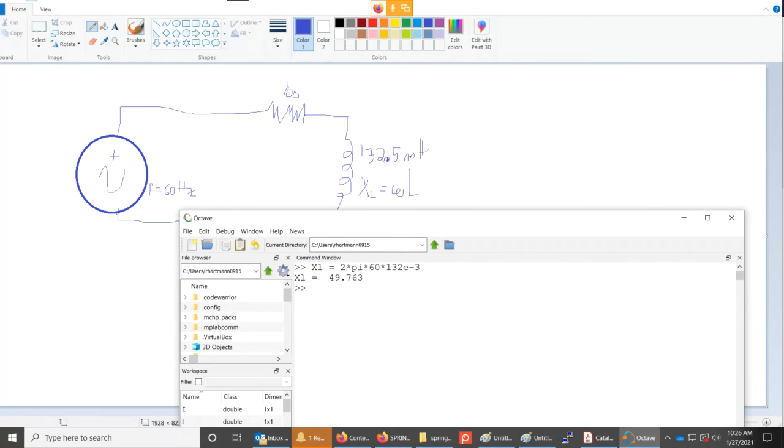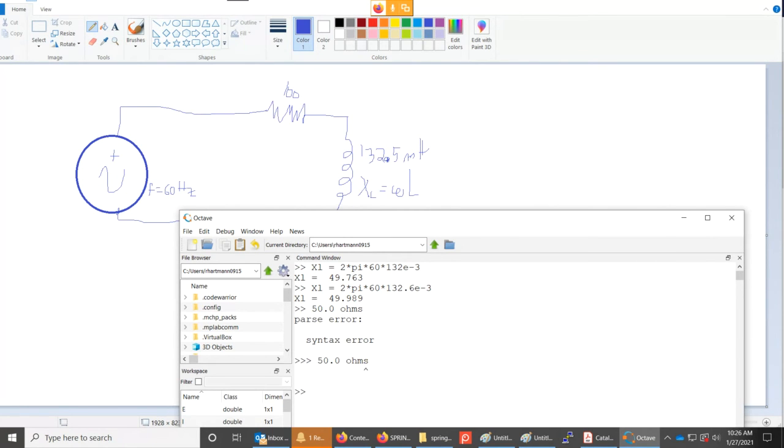And so that gives us 49.989. So if we take that to 3 digits, it's just going to be 50 ohms.